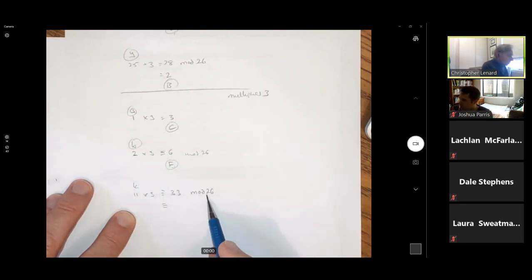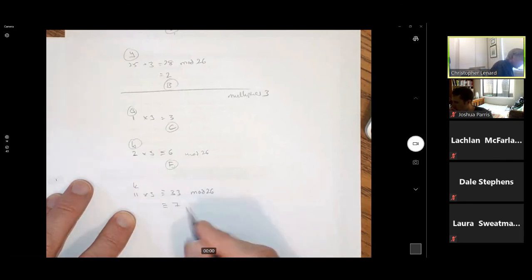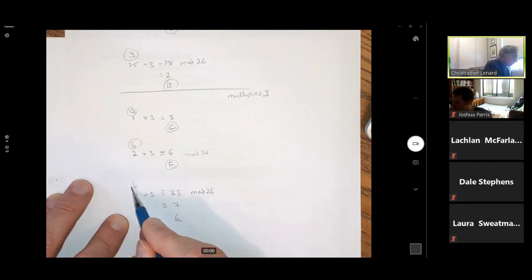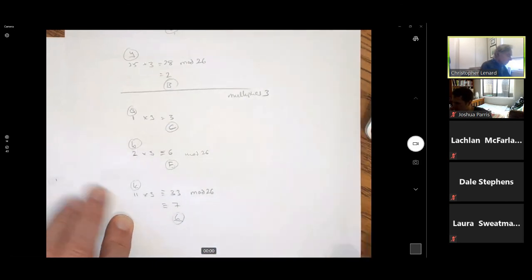Okay, let's just subtract 26, that'll do. So subtract 26 gives us 7. What's the 7th letter of the alphabet? A, B, C, D, E, F, G. So plaintext K gets encrypted into ciphertext G.